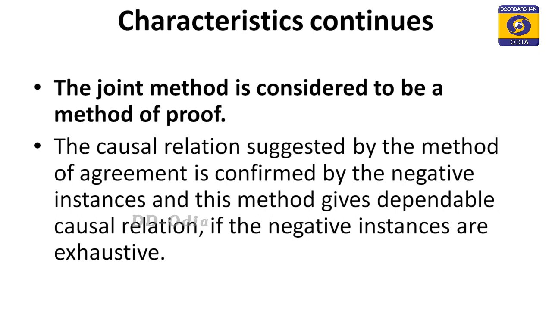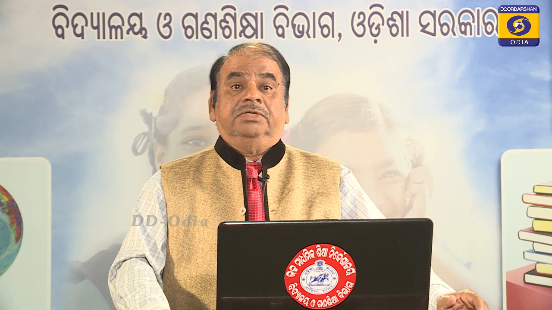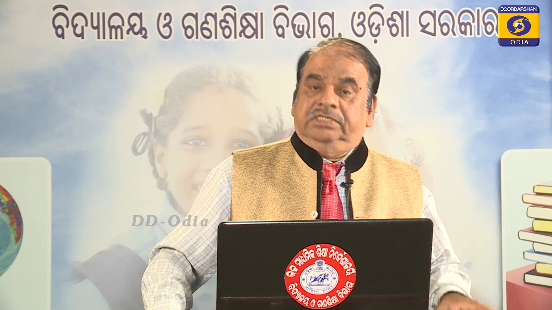Another characteristic is that the joint method is considered to be a method of proof. As you know, the method of difference was considered to be a method of proof, based on types of experiments. Similarly, here also we prove the causal relationship.